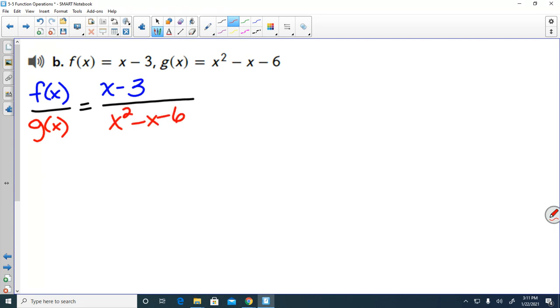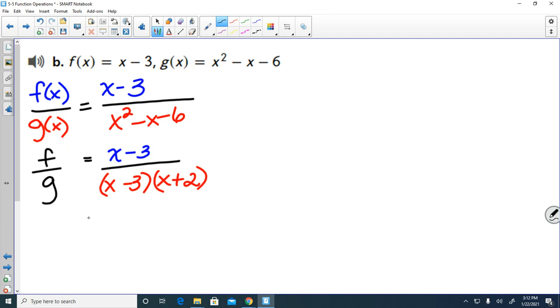So I'm going to simplify by factoring the numerator and denominator as much as possible. The numerator does not factor. It remains x minus 3. The denominator, however, will factor. X here, x there. If I do a minus 3 and a plus 2, it will factor. So this is f divided by g.